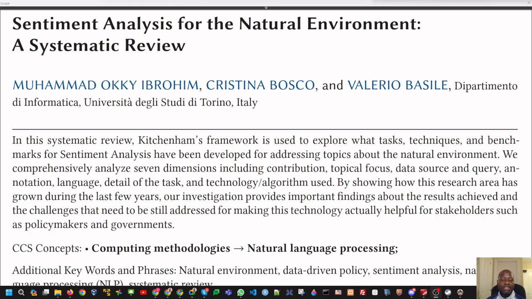Again, this literature review also aims at exposing research gaps, which means those who aspire to do research in sentiment analysis for this particular area could take a look at the challenges that have been identified.